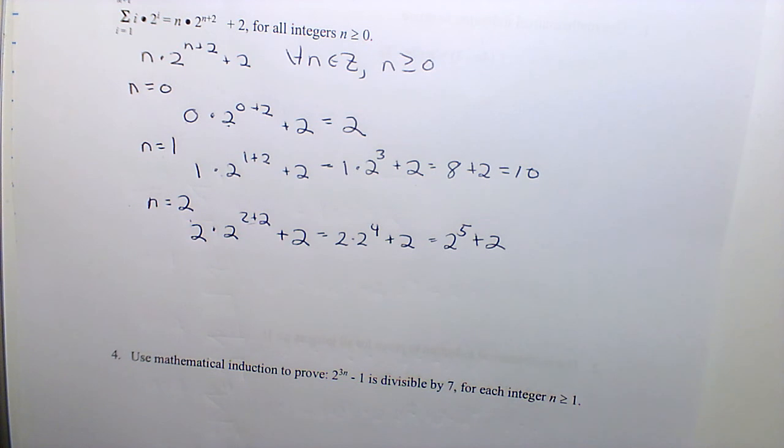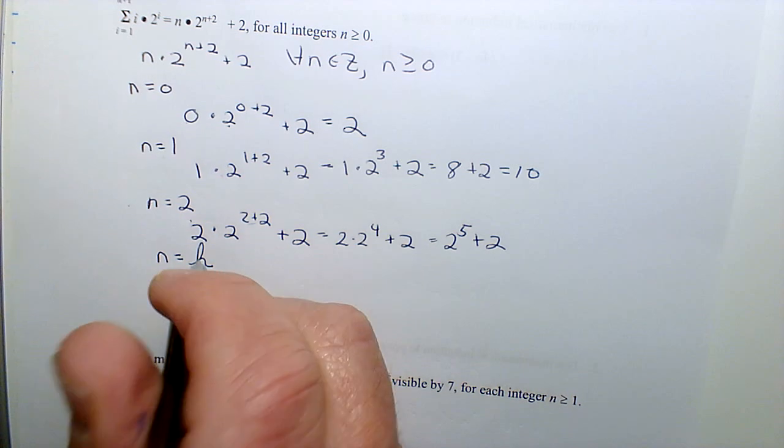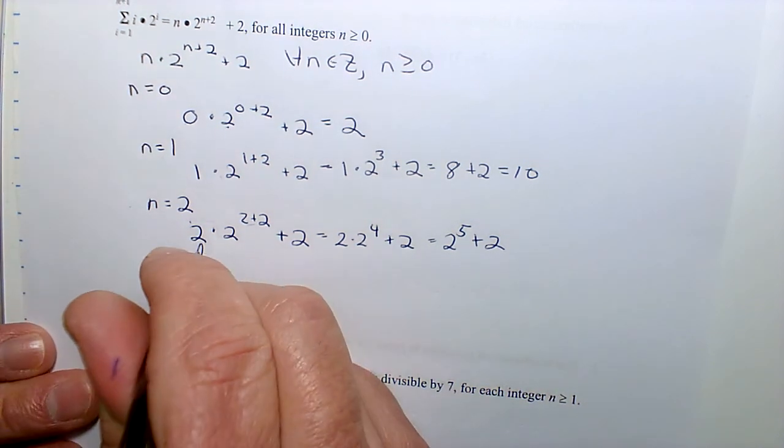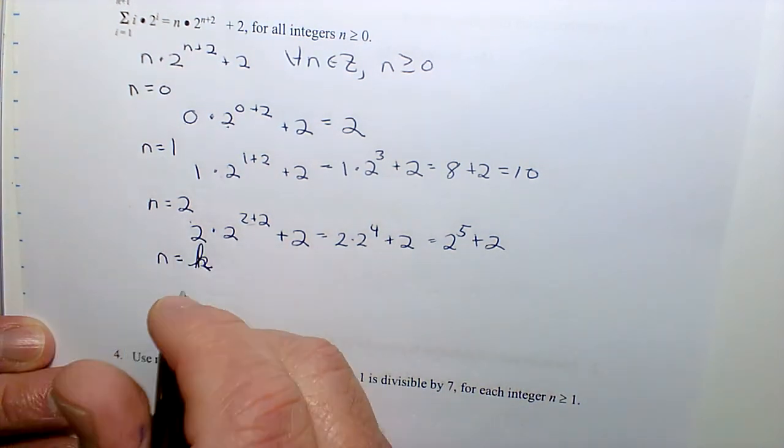You may want to compare that to what you get as a numerical answer when n is equal to 2 on the left-hand side. Well, what is it going to be when n is equal to some variable k? We just stuff in k for this thing.